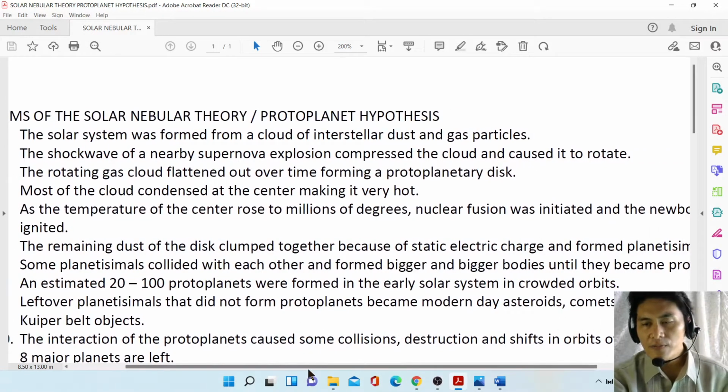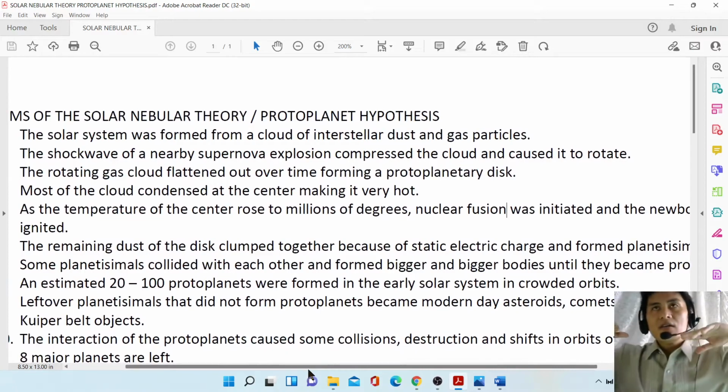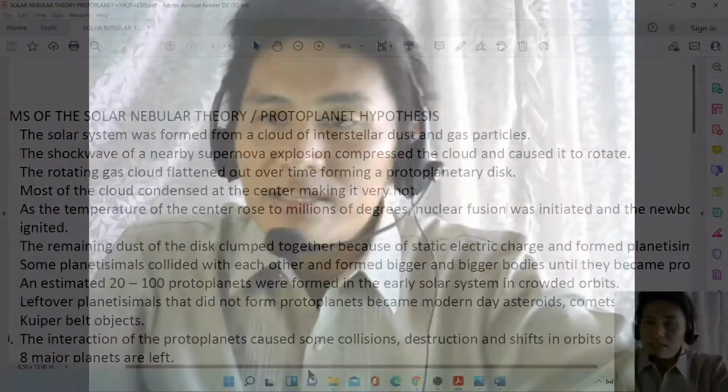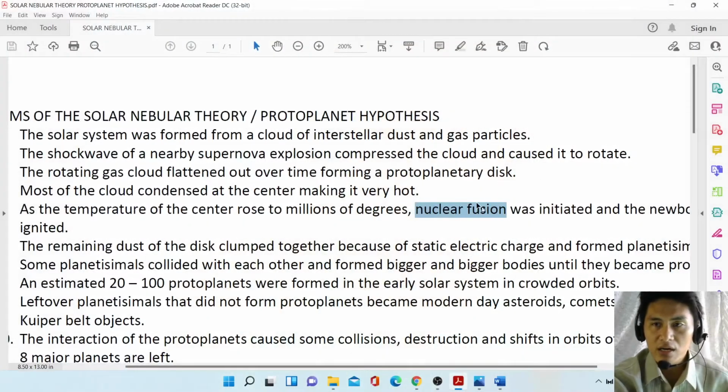This is related to what we have been studying: when you compress something so much, it becomes more solid and hotter and hotter. That's why the core of the earth is very hot. But if you make it very, very hot, it would actually ignite nuclear fusion.